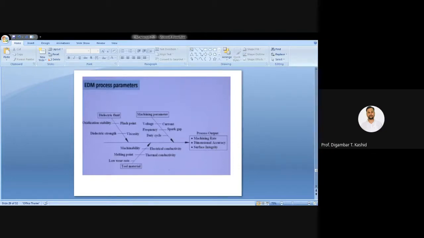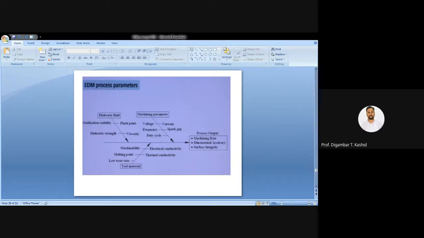Okay, and you will get the different graphs also. Again, that depends on your tool material as well as workpiece material, and how we are going to use the dielectric fluid. So all the parameters will definitely affect the performance.